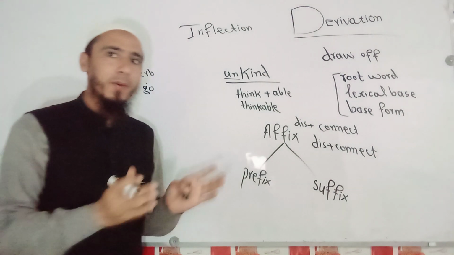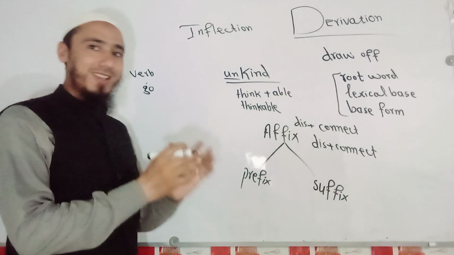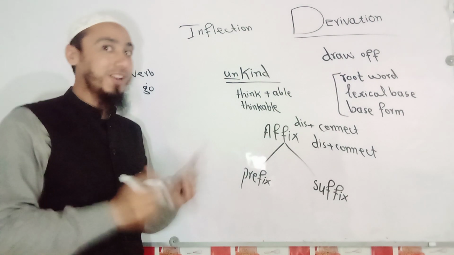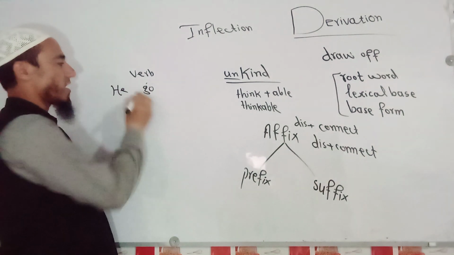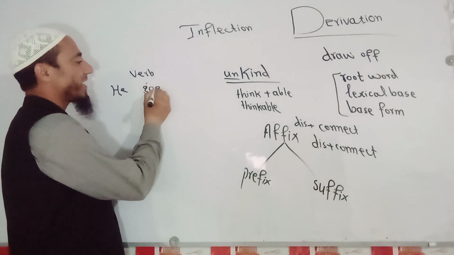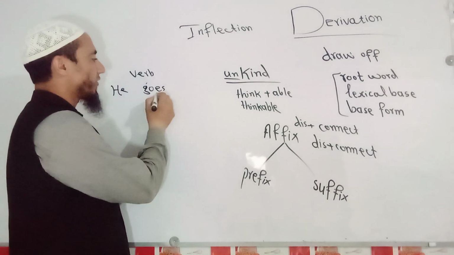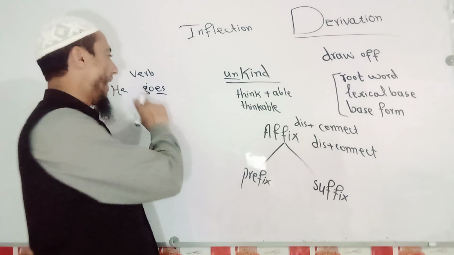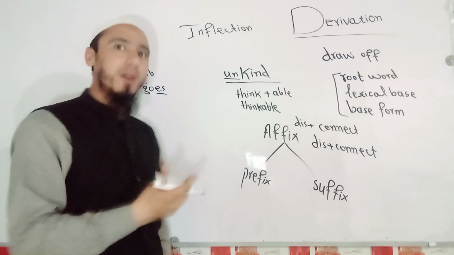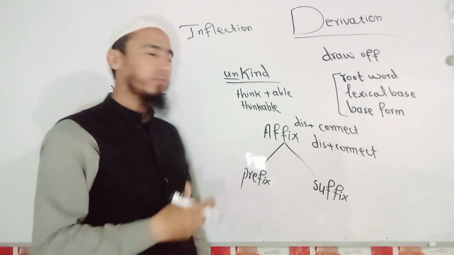Whenever we are talking about a singular noun or pronoun, for example, if I say he, here the inflection will be es: he goes. So that's why the change is only in grammatical category, and the form of the word remains the same.